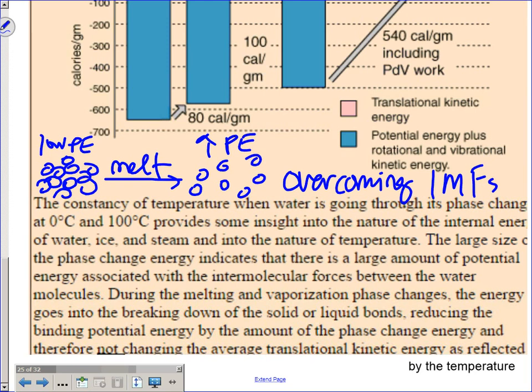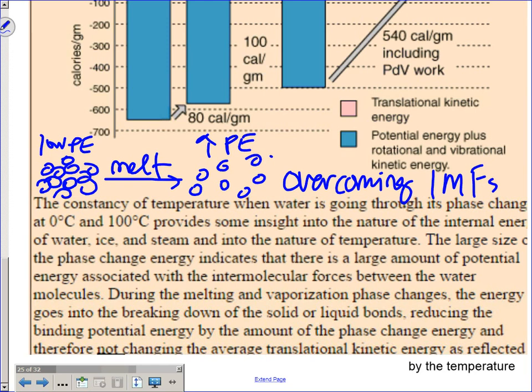Once the potential energy is increased, you've utilized that heat energy to do that potential energy change, and then it can't be a liquid anymore. It's eventually going to change to gas, but it takes so much energy to pull this apart even more, and even more. At that point it turns to gas, at a much higher temperature, and that's when it phase changes again.